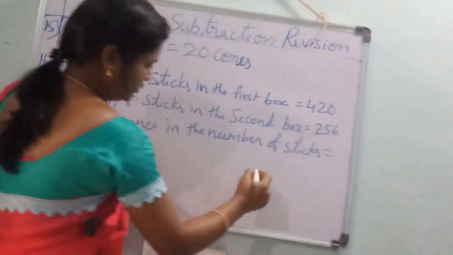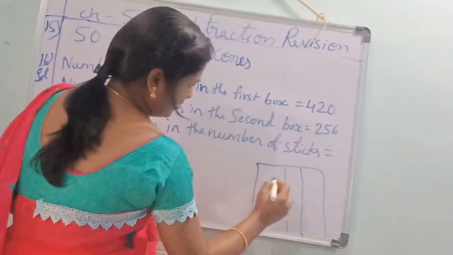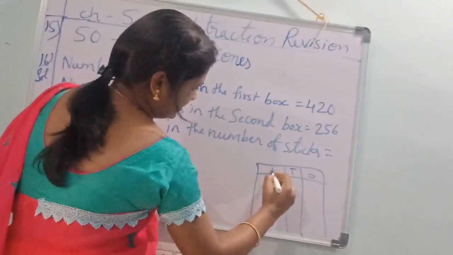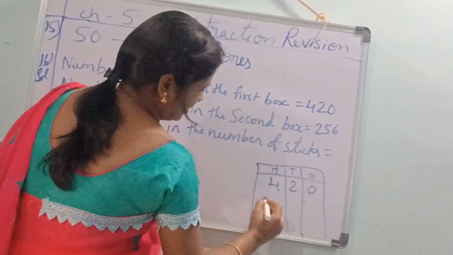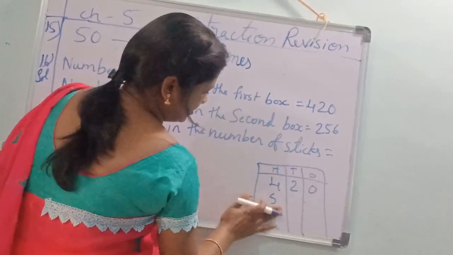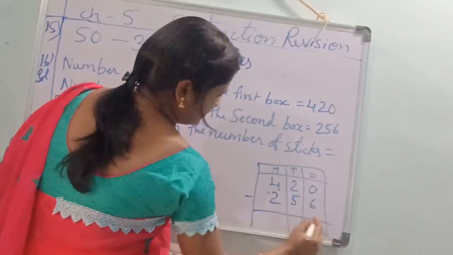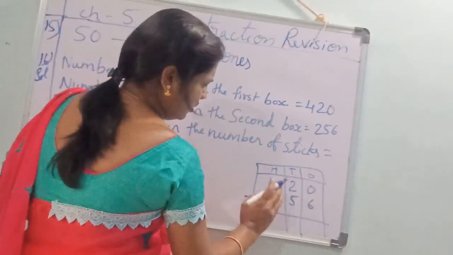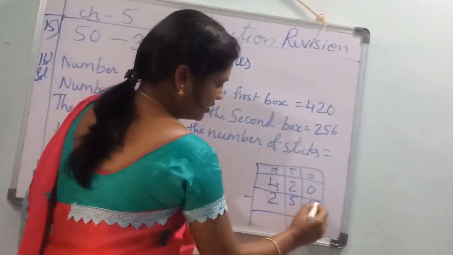Should do minus columns. First you should draw the column. Ones, tens, hundreds. 420 minus 256. See, in the 0, 6 will go? No. You should borrow from here. 10.